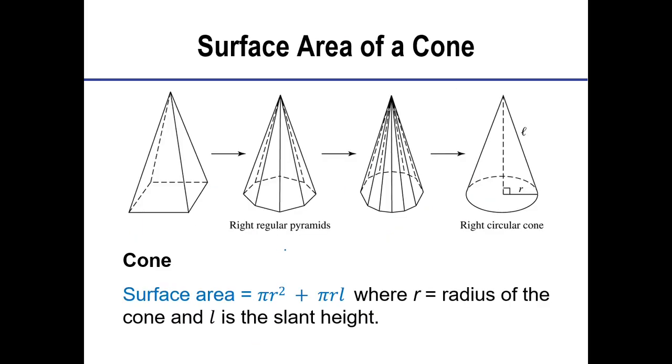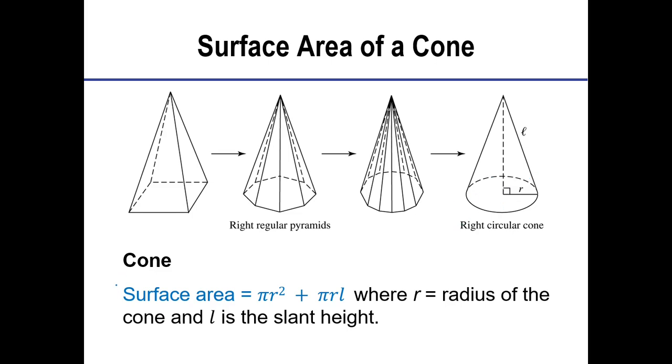To find the surface area of a cone, we're going to look at the pyramids and transition to a cone by creating more and more faces. To find the surface area of the cone, we're going to add the area around the surface, and then we're going to add the area of the base.